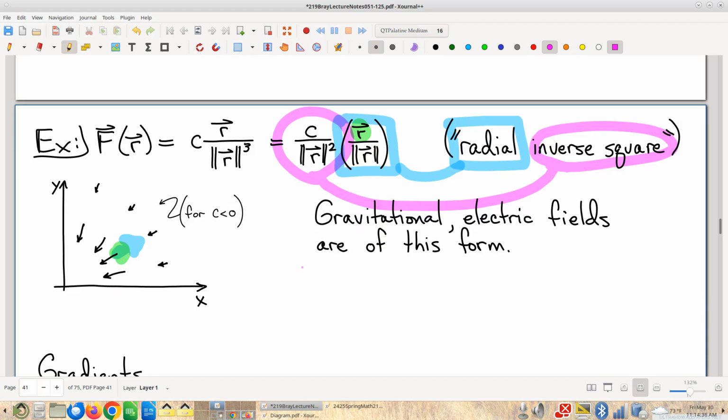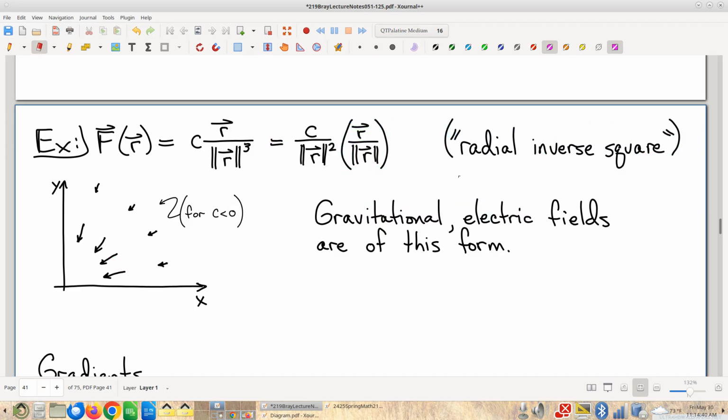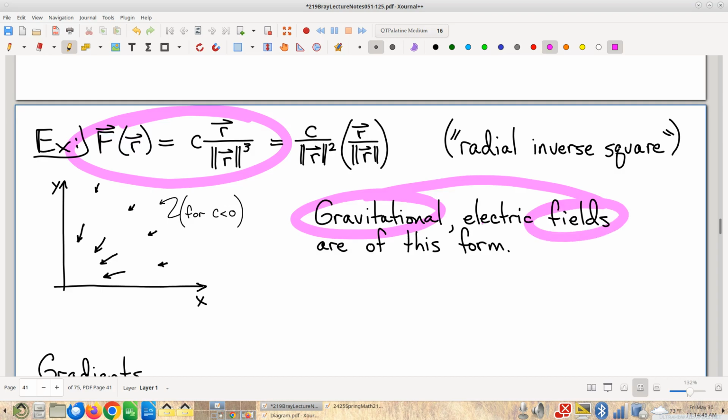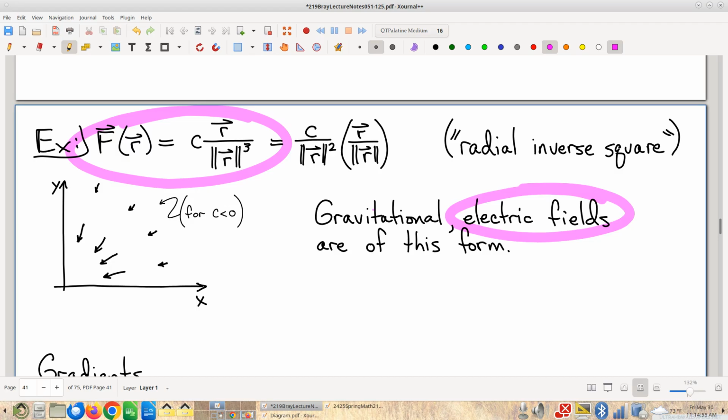So, in fact, that's one of the big reasons why this vector field matters. This vector field matters because it describes gravitational fields. Kind of a big deal, right? And side note, it's also the formula for electric fields. Different constants, different units, yeah.